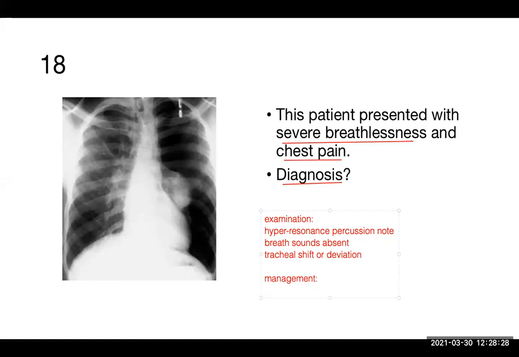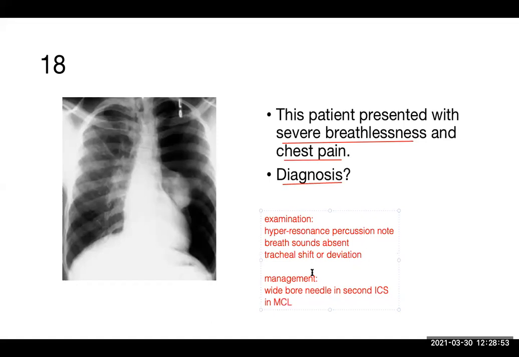Needle thoracocentesis, sir. Put a wide bore needle in the second intercostal space. Good. So this is putting a wide bore needle in the second intercostal space, in the mid-clavicular line.